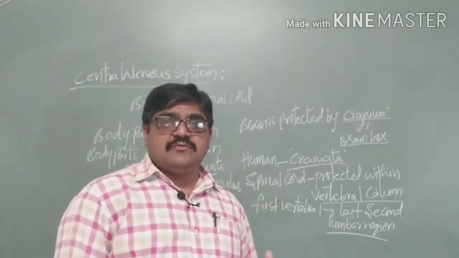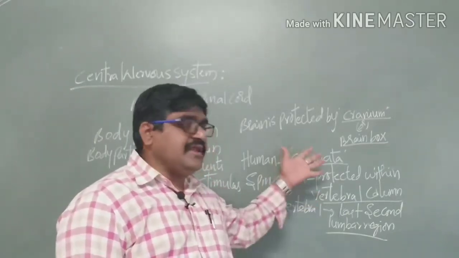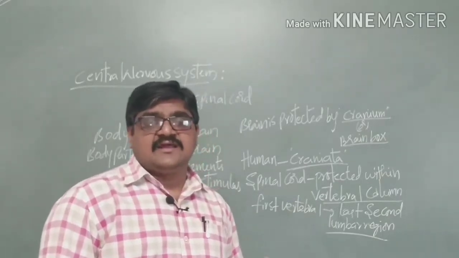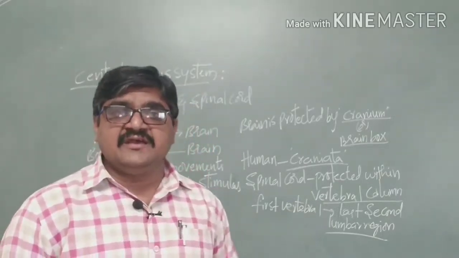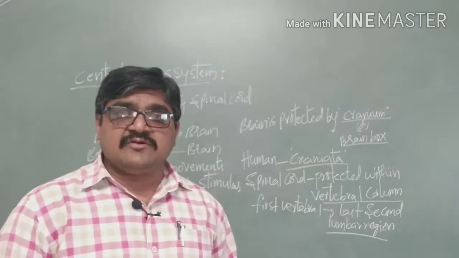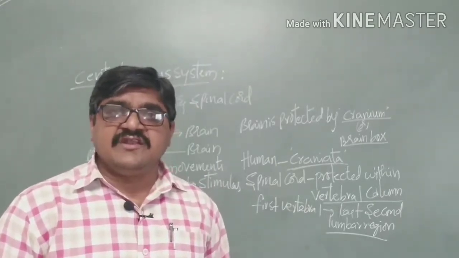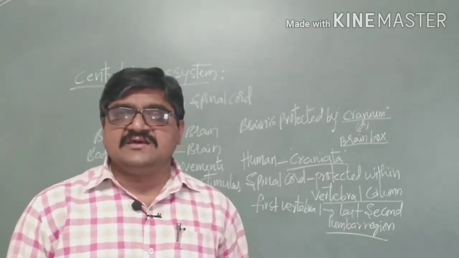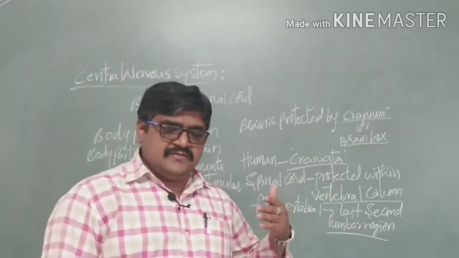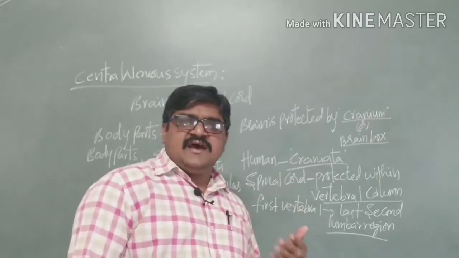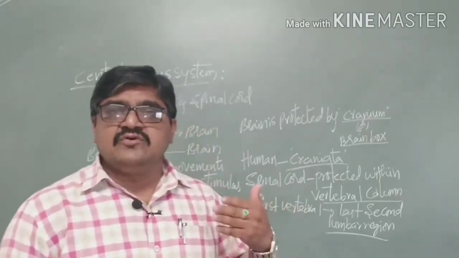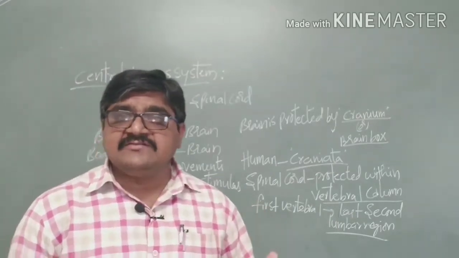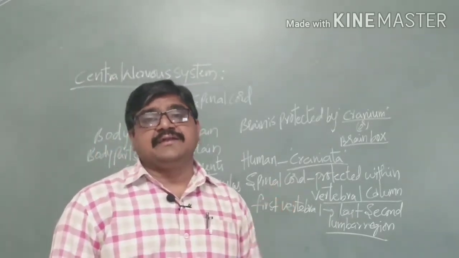Not only the cranium and the vertebral column protect the brain and spinal cord; there are other protective structures. One is the meninges, the second is the cerebrospinal fluid, and the third is the gray as well as the white matter.